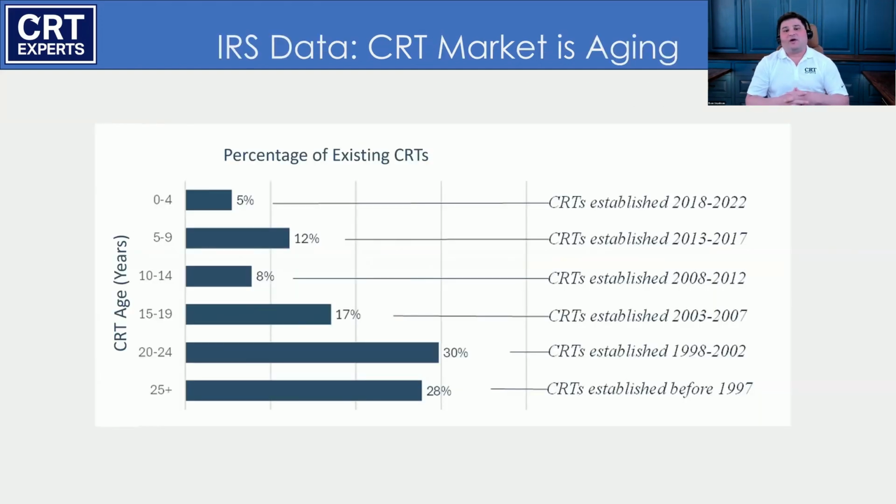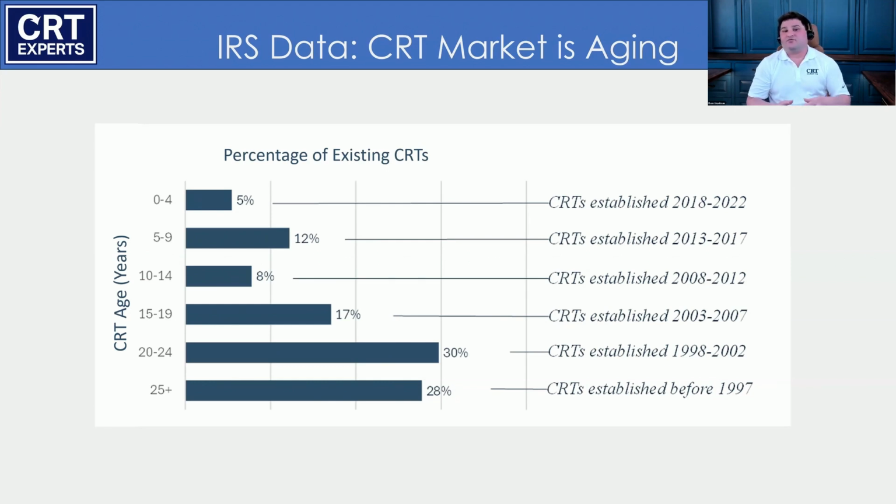This is a particularly relevant topic now. And to demonstrate that, we'll take a look at a couple of things. We'll take a look at IRS data on the CRT marketplace, and some of the results from the data that we've collected over the years. The IRS will periodically release data on split interest trusts, charitable lead trusts, and charitable remainder trusts.